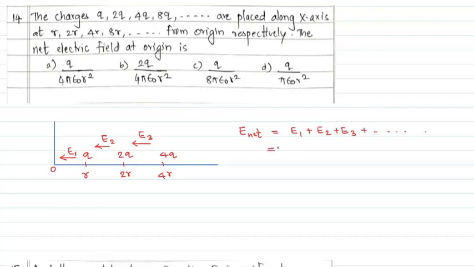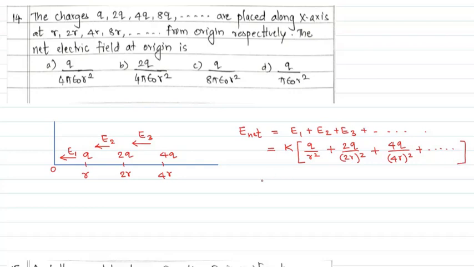This is equal to K, I will take common, that is 1 by 4 pi epsilon naught. First it is q by r square, plus E2, due to 2q, 2q divided by (2r) square, plus E3, 4q divided by (4r) square, plus so on.